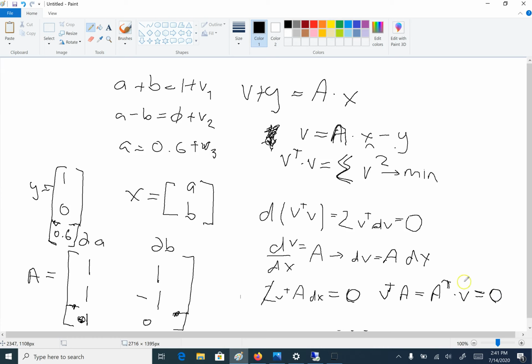Let's put this back into our original equation, and we get A transpose times A times X minus A transpose times Y is equal to 0.